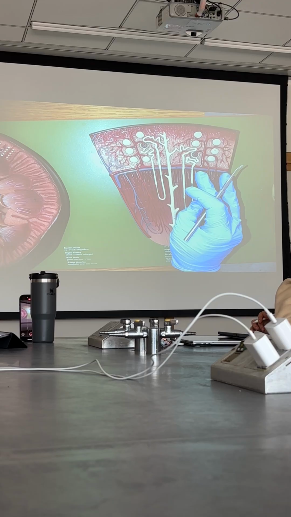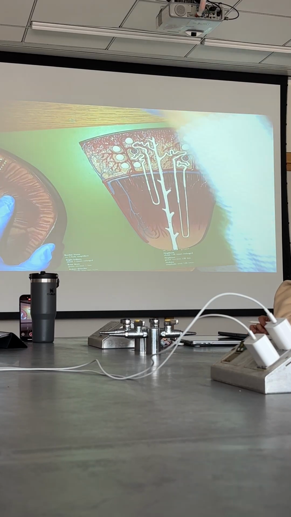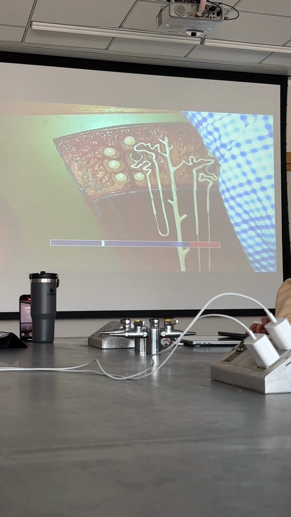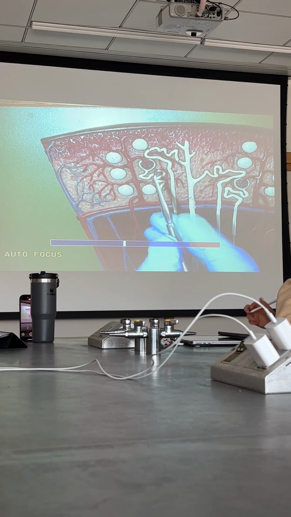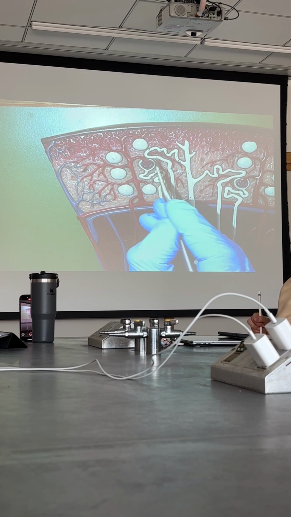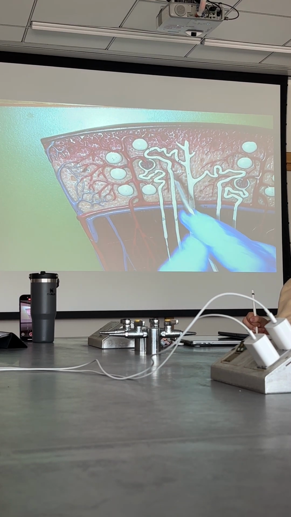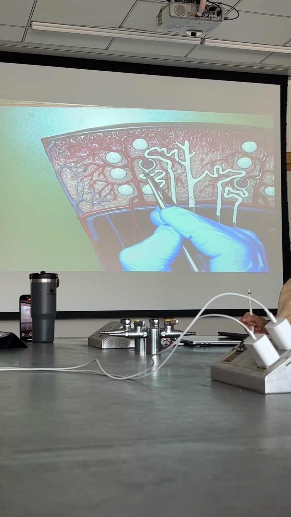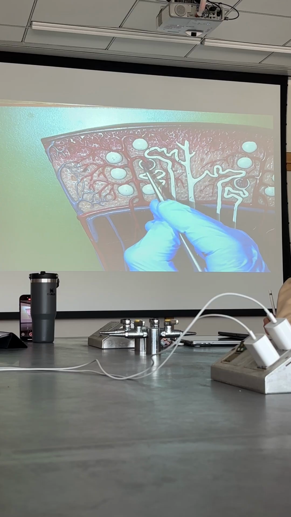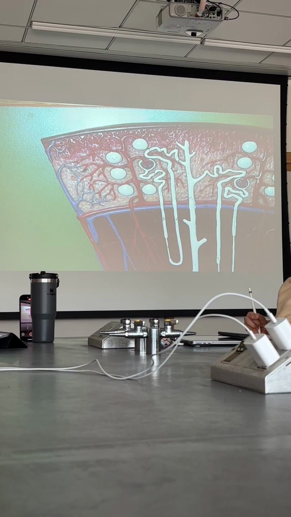All right, so when you look at the nephron, there's the two parts. There's the renal corpuscle, and then there's all the tubules. So let me take this one for example. So this would be the renal corpuscle part, and then everything else is going to be the tubule part. When you look at the renal corpuscle part, there's two parts to it. There's the blood vessels on the inside, which are called the glomerular capillaries, or you can just call them the glomerulus.